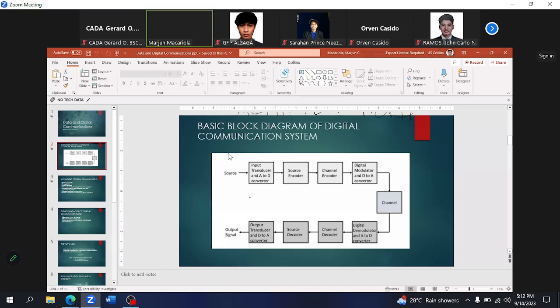So input transducer is a type of transducer that converts non-electrical or physical input and converts it to electrical signal. Okay? Nakakasabay? Copy.